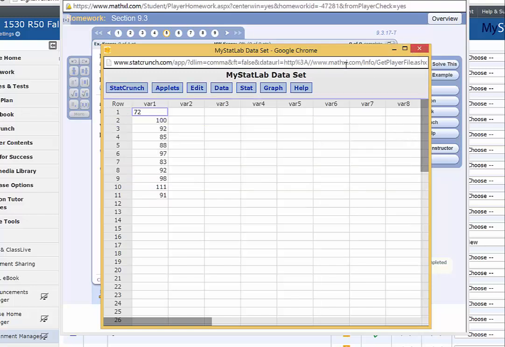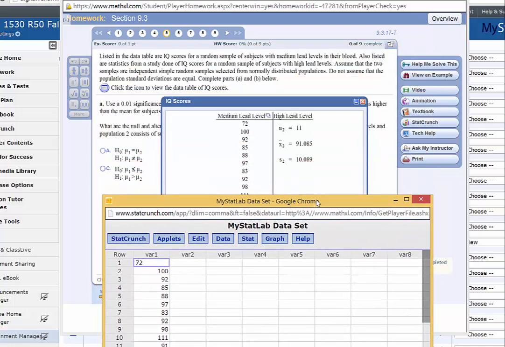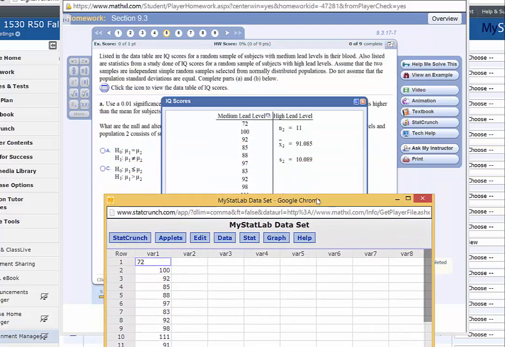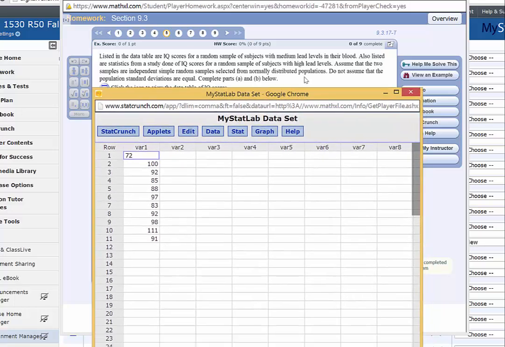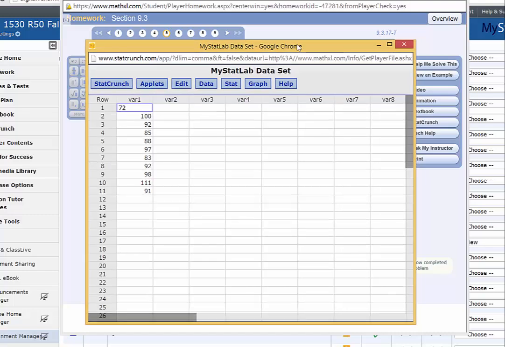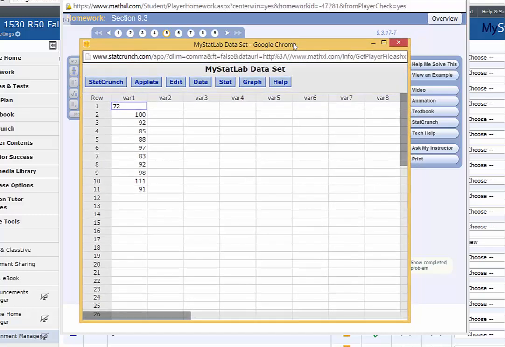We'll also note that the sample size for group 2 is 11, the sample mean is 91.085, and the standard deviation is 10.089. Now, in order to compare these, we're going to take note of a couple of items.